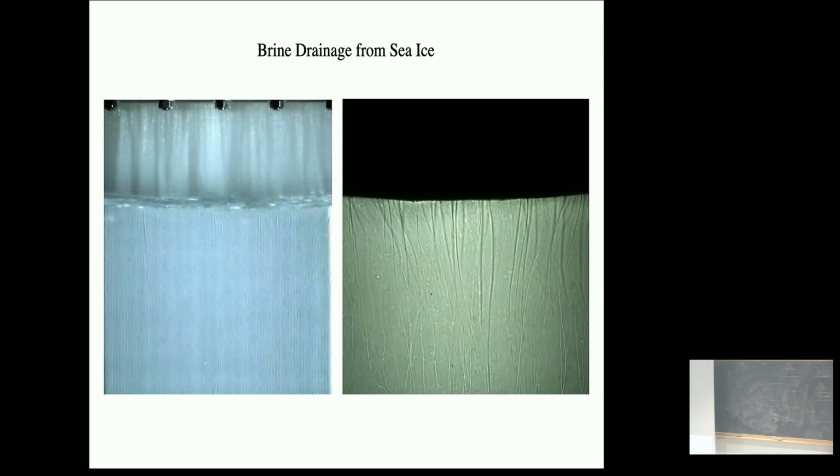When we froze it, we extracted the water to form ice, and the liquid that's left behind therefore has more salt in it. It's enriched in salt. We have salty brine, which is denser than the original salt water, and because it's denser, it has the potential to drain outwards, heavy liquid over light liquid.